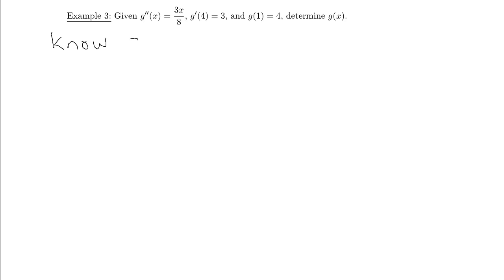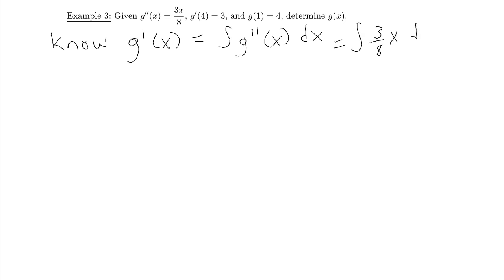that g prime of x is equal to the antiderivative of our second derivative, right? If I want to go backwards by one derivative, I take the antiderivative. And so we want to take the antiderivative of this 3 over 8x dx. Let's apply our power rule to this.